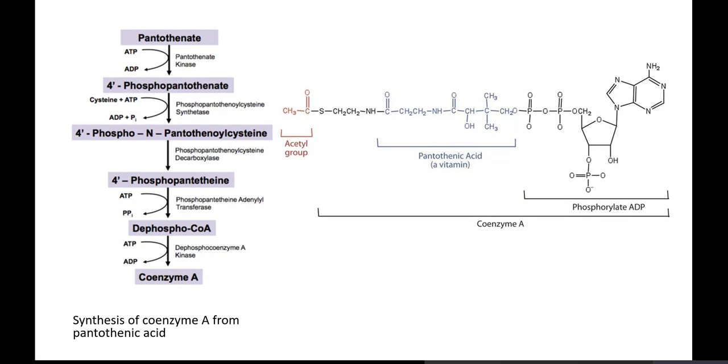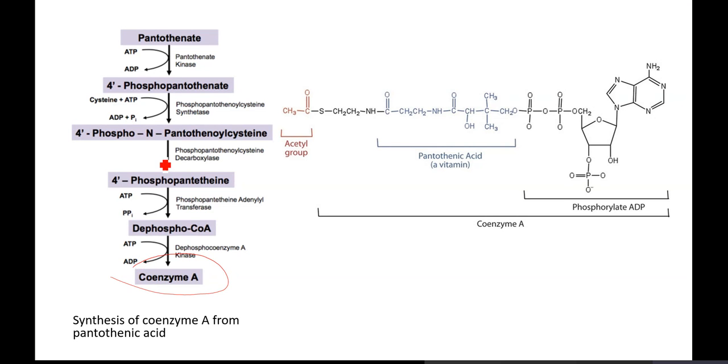The pantothenate is first phosphorylated, to which cysteine is added, and then a decarboxylation reaction takes place, followed by addition of the AMP moiety and then the phosphate, each from ATP. This results in the formation of coenzyme A.